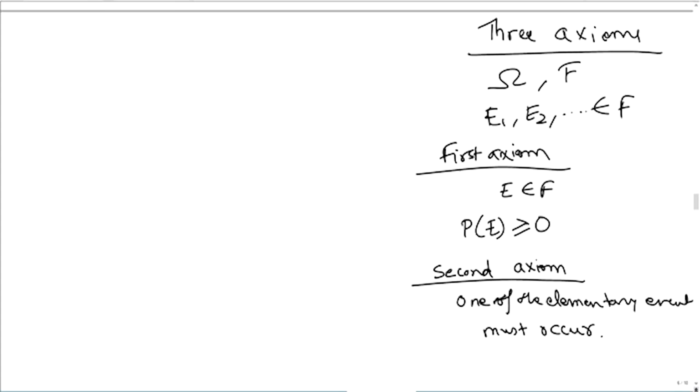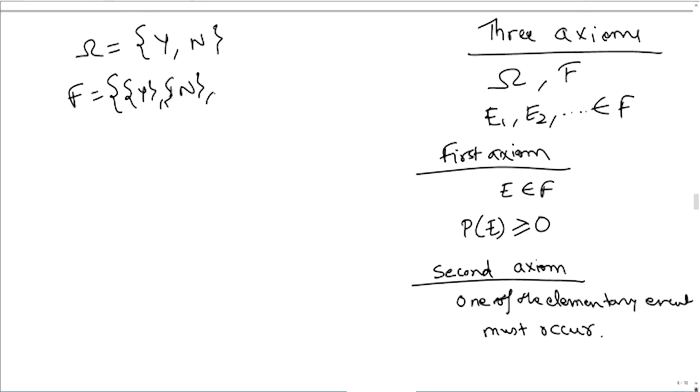Recall our example where our sample space was yes, no, and our event space was the events containing yes, containing no, containing both yes and no, and an empty set, right?